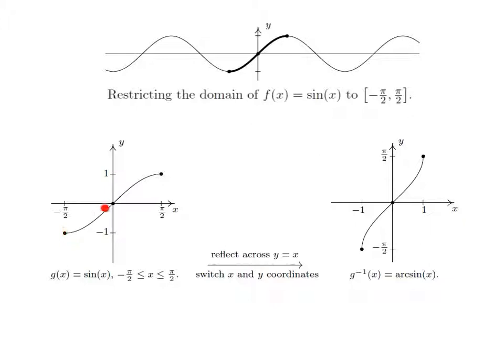So in this section, switching x's and y's, we get the arcsine to look like this. Same domain as arccosine, -1 to 1. And the range is from -pi/2 to pi/2. This is a negative quadrant 1 angle and a positive quadrant 1 angle. Those are the only values you will ever get out of an arcsine.